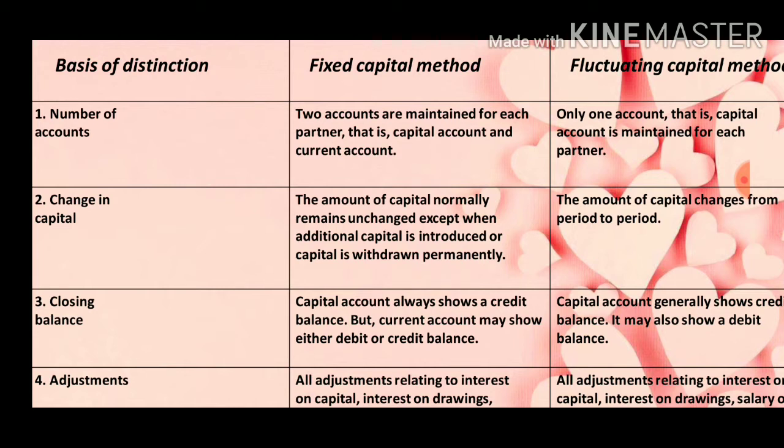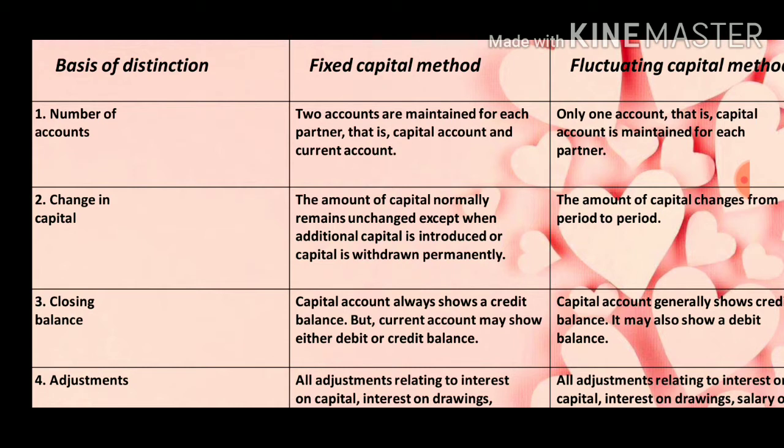But in the fluctuating capital method, only one account has to be prepared. The second is change in capital. In the fixed capital method, the amount of capital normally remains unchanged except when additional capital is introduced or capital is withdrawn permanently. But in the fluctuating capital method, the amount of capital changes from period to period.